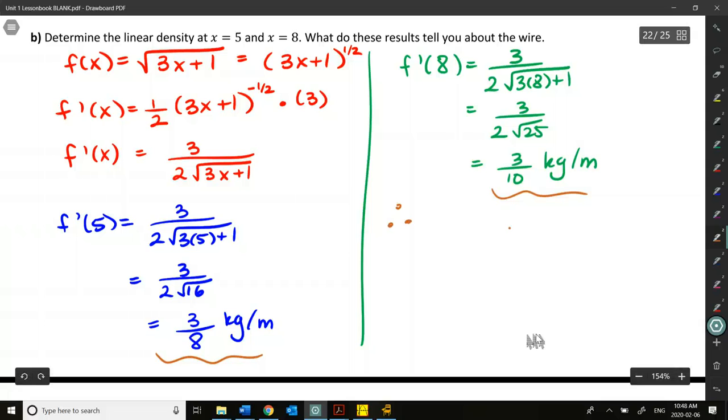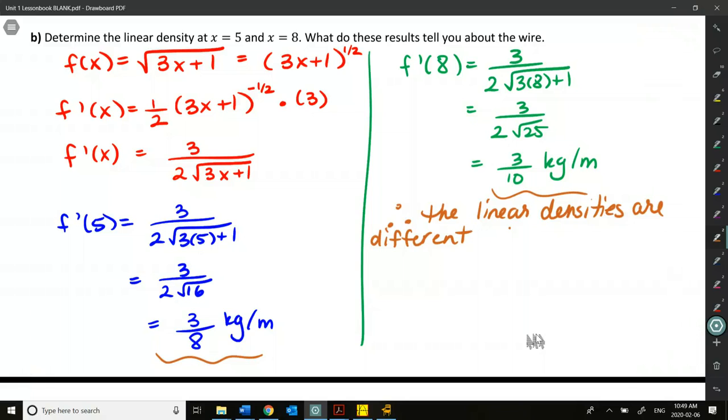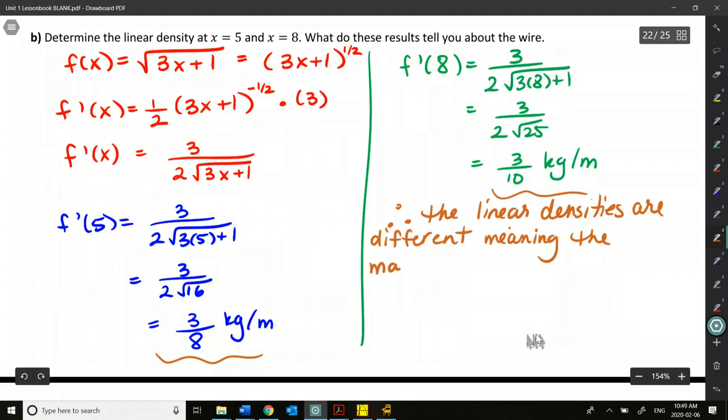So we can say, therefore, the linear densities are different at different lengths along the wire. And we can make a conclusion here that the material of the wire is non-homogeneous.